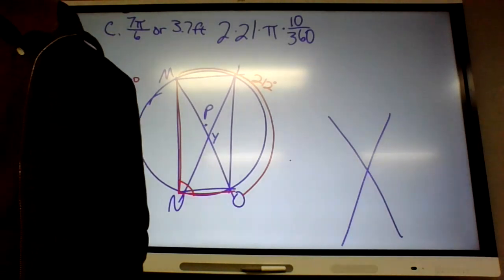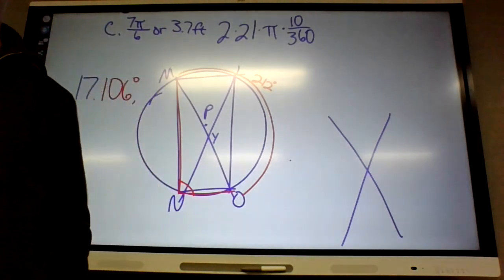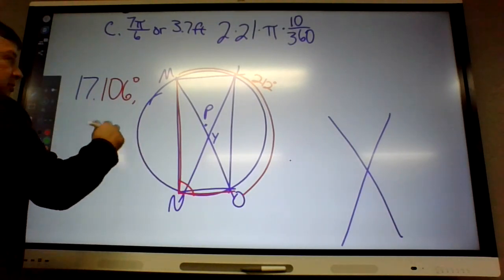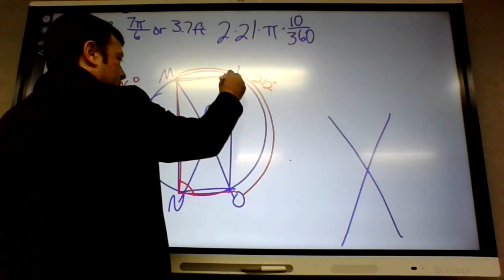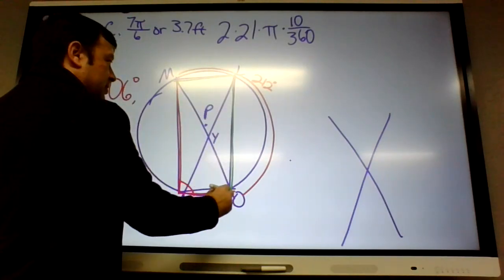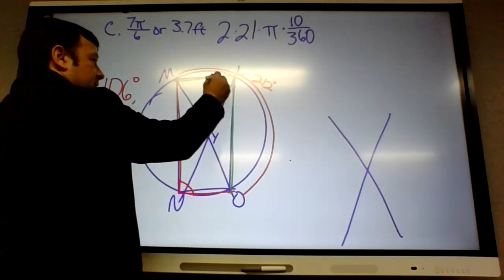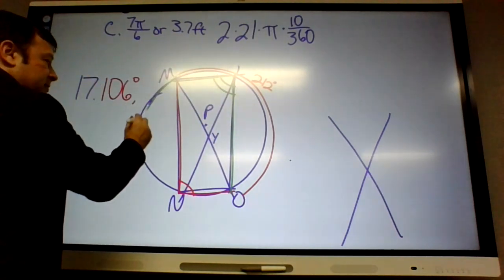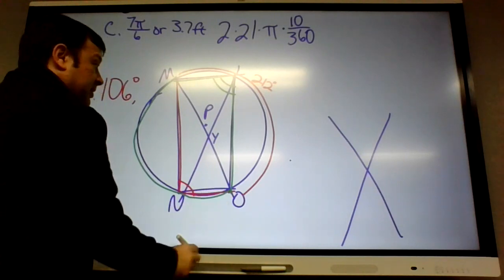The second question is, what is angle MLO? Let's go green with this one. So MLO is right here. I talked about this at the beginning, but it's intercepting the rest of the circle, from there to there.